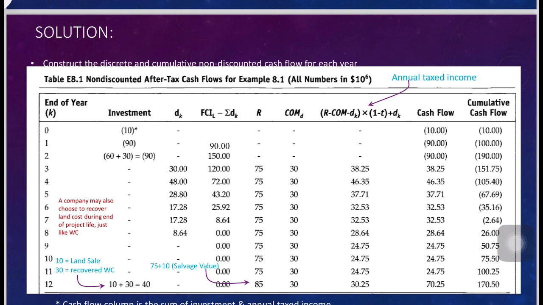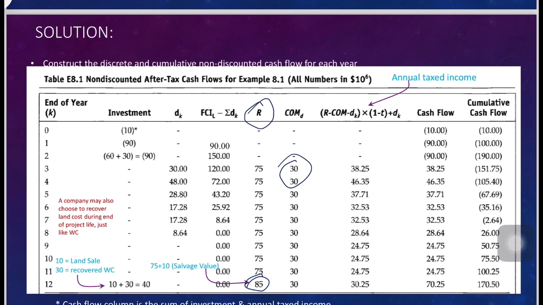All right. Then you have the fixed capital investment minus the depreciation here. And then you have the sales revenue. This one, the sales revenue. It is 75 per year, but at the end you have the salvage value of 10. So that's 85. You have the cost of manufacturing, which is 30.